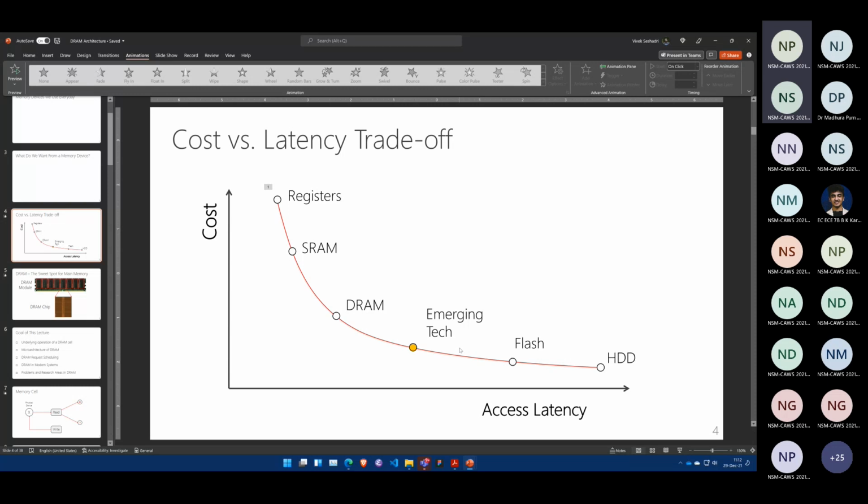We cannot call flash an emerging memory technology; it's commercialized and out there everywhere. So what I encourage all of you to do is to go and look at these other memory devices. When you think of a memory device, try and go into the last level of detail on how the memory device is storing a single bit.